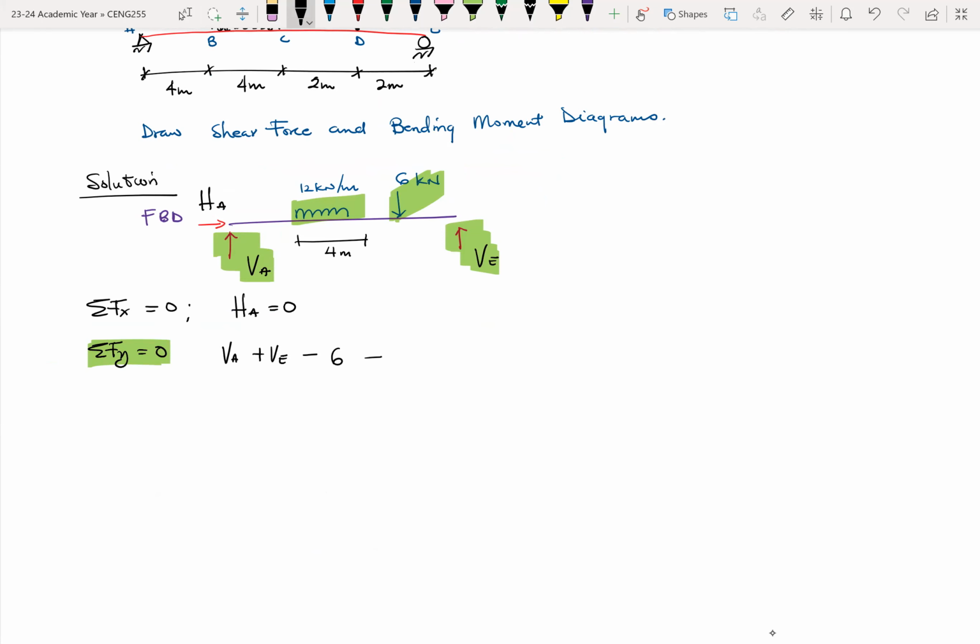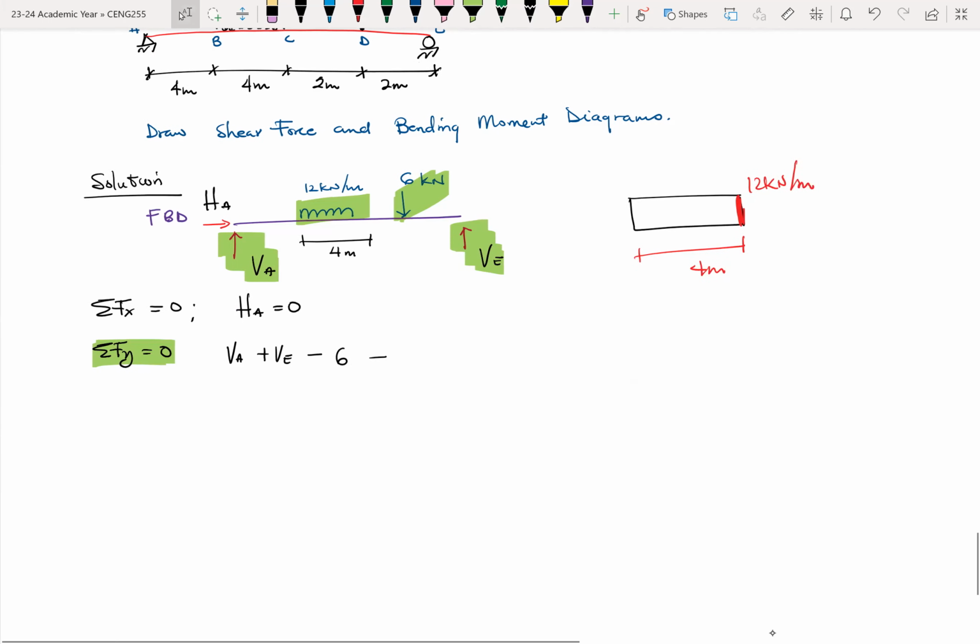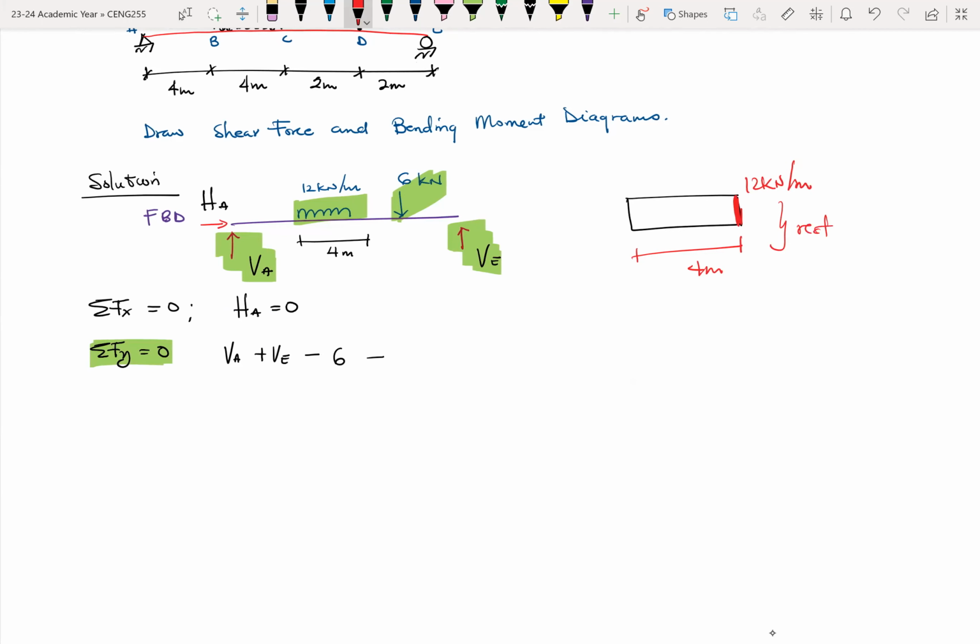So we multiply the intensity, which is the height, the 12 kilonewtons per meter, by the length, 4 meters, that the structure is loaded on. So it's pretty much finding the area of a rectangle. That's the idea behind it.